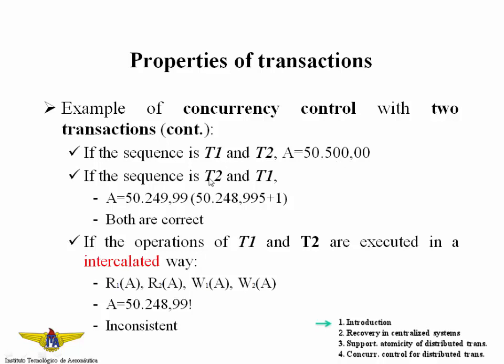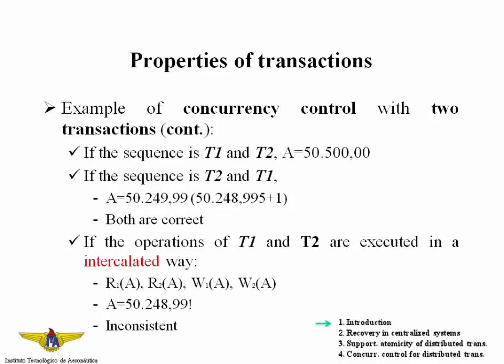If the sequence is T2 and T1, what you do first is to pay the interest, using the 0.5%. Then you add 1 real. So the resulting balance will be 50,000 to 48,995 plus 1, that's the deposit. So the resulting balance will be 50,249.49 reais.